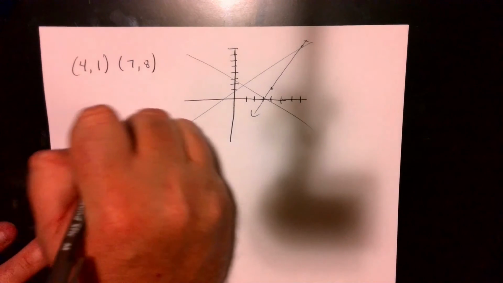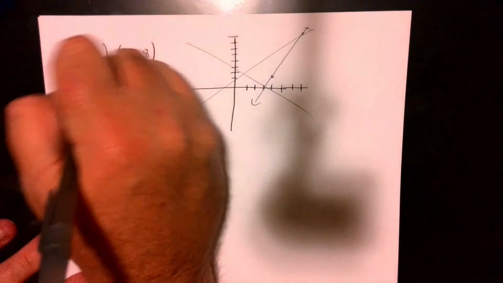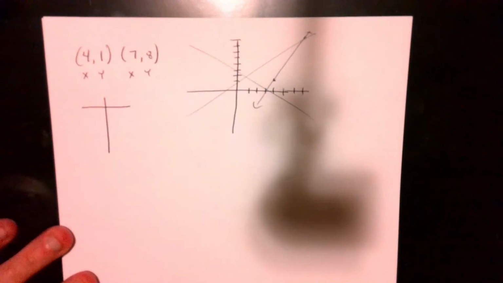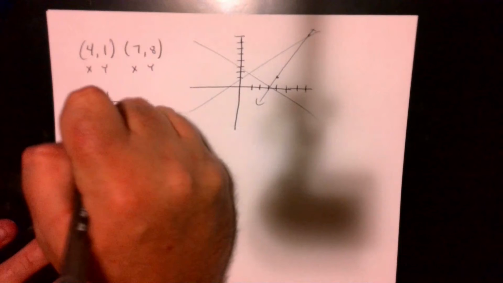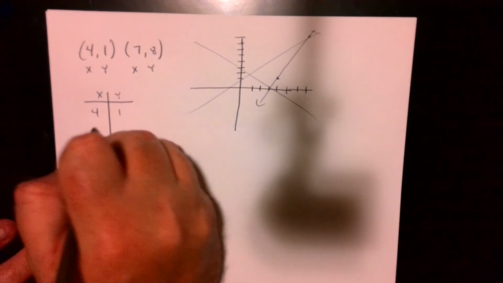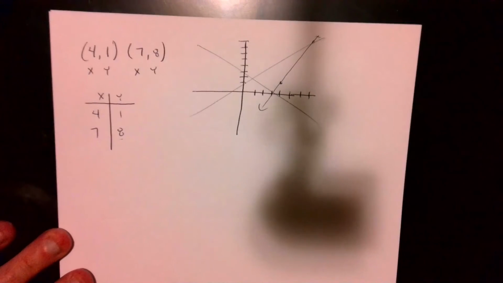Couldn't I just make a quick little mini table like we've just been doing? In an ordered pair, we know the first value is the x and the second is the y. We know this is the x and this is the y. So couldn't we just put those values in here? So the x is 4, the y is 1. The x is 7, the y is 8. Okay? 4, 1, 7, 8.